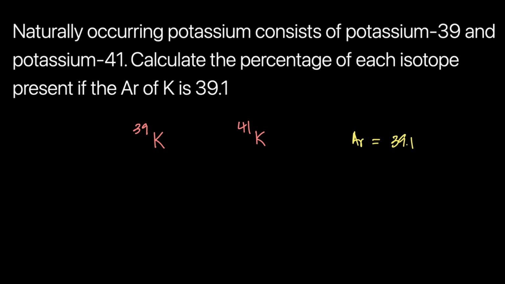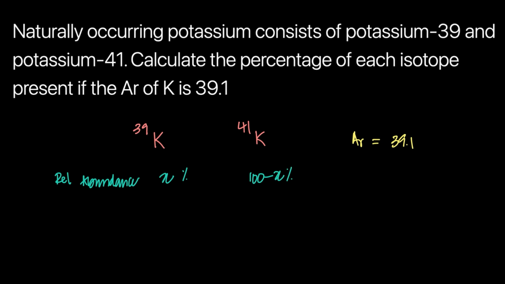Let's say you don't know the abundance of any of them. What you do know is that the total relative percentage abundance would have to equal 100. So if potassium 39 has an abundance of X percent, potassium 41 would have 100 minus X percent. That's what we know, because the total has to be 100.